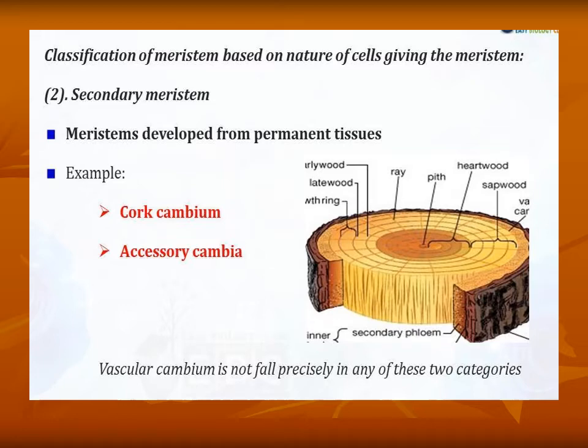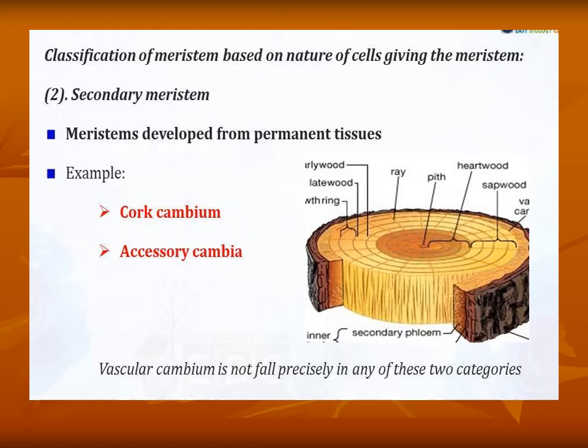The secondary meristems appear after a certain stage of development of the plant organ. They always arise in permanent tissue and they develop from mature cells which are already differentiated. These cells are found lying along the side of the stem and root.